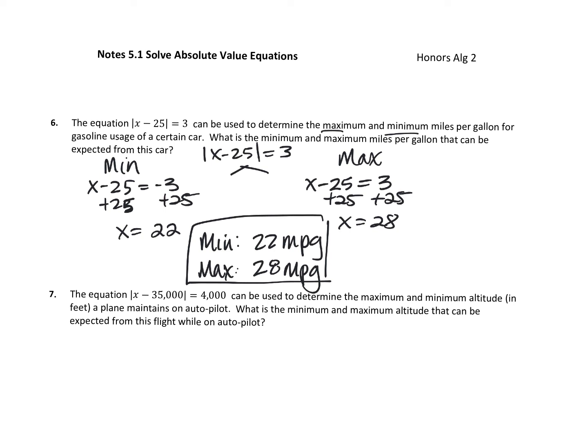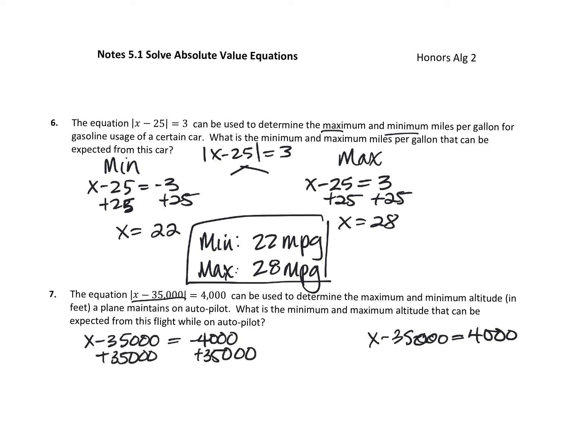So again, we're just going to split this guy straight from the beginning. So x minus 35,000 equals negative 4,000. X minus 35,000 equals positive 4,000. And solve. So x equals 31,000.